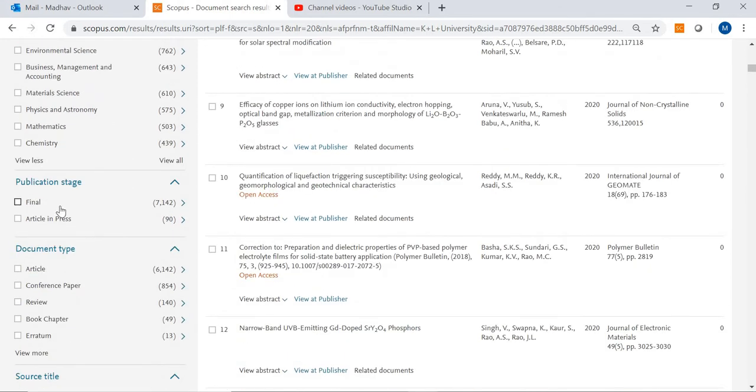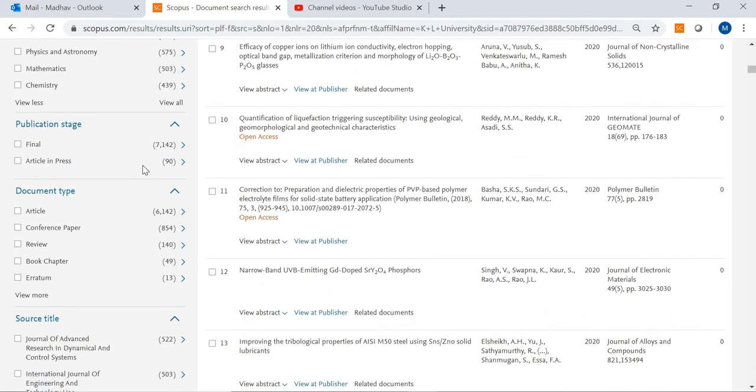And of those publications, how many are finally published and how many articles are in press, that means their issue numbers are not finalized and they may be published at any time. Those statistics we can also see. Out of these 7000 plus articles, 6142 are journal articles, 854 are conference papers, 140 are review articles, 49 are book chapters.